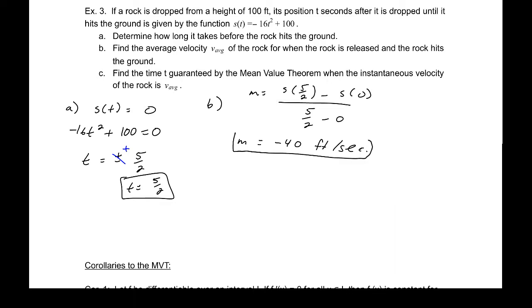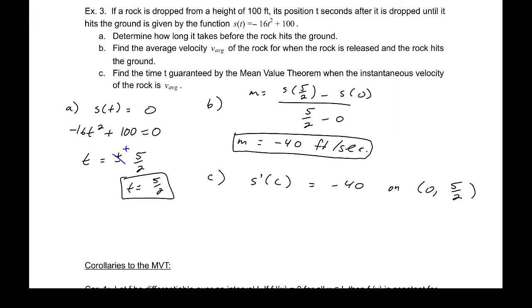So that is the average rate of change based on just our S of t. Now, for the instantaneous rate of change, we know that there's an S prime of some value c that equals -40 in the open interval 0 to 5/2.